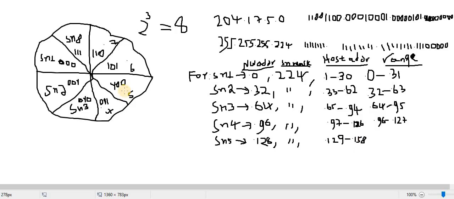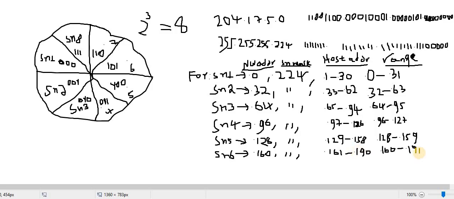The host addresses will be this plus 1, which is 129, till the broadcast address minus 1, which is 158, because 100 and all ones is 159. For subnet 6, 101 and all zeros is 160. The host addresses will range from plus 1 to this, which is 161, to 101 with all ones minus 1. 101 and 5 ones is 191, minus 1 will be 190. And the range of IP addresses is from 160 up to 191.